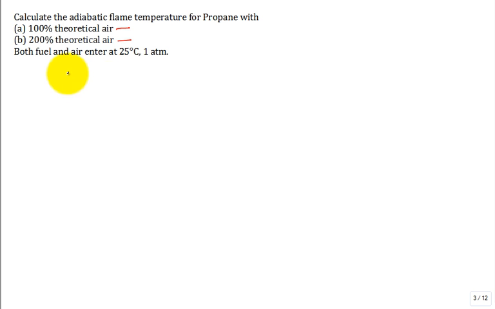So we have C3H8, and I'm going to put a 1 plus phi, and leave a little room for the balance on the O2 plus 3.76 N2. Now let's see how many carbon dioxides I get when I burn propane. 3.